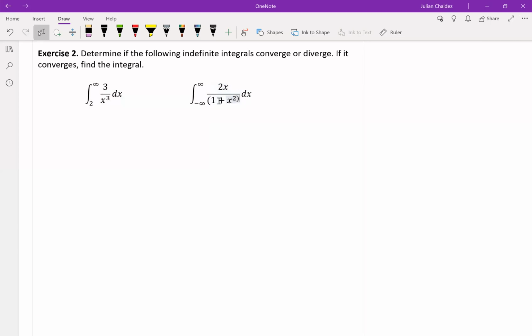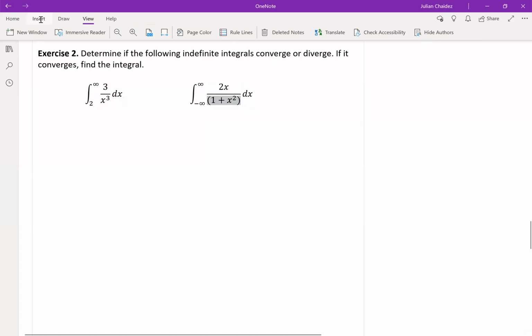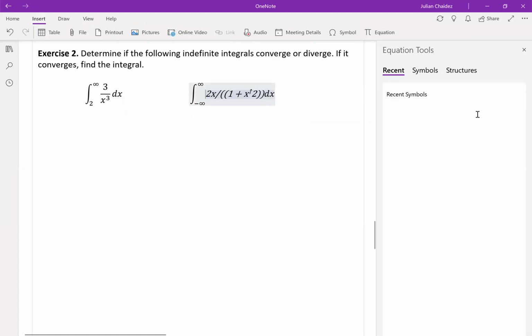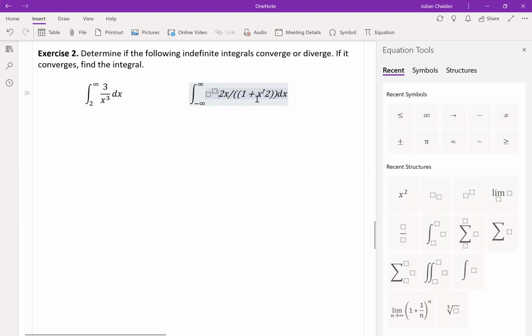I'm changing the bottom integral slightly. And let me just do that really quick. Oop, that's not what I want to see. What are you doing, computer? Okay, just wait for me for like a minute to fix this.